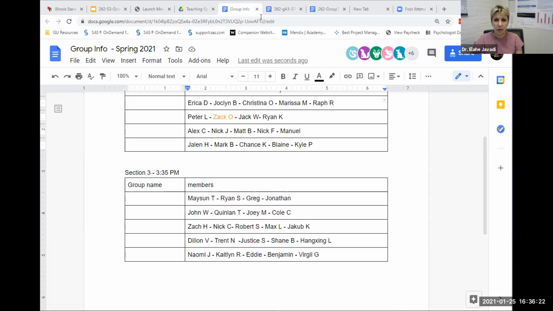And then you're gonna keep the group information table or contribution table and group rules, and then you add your report after that. So those group rules and the contribution table, they don't count toward your page limit, but they should be there.